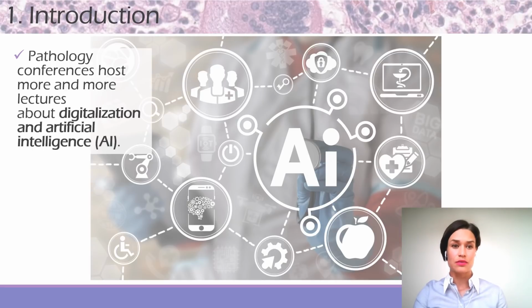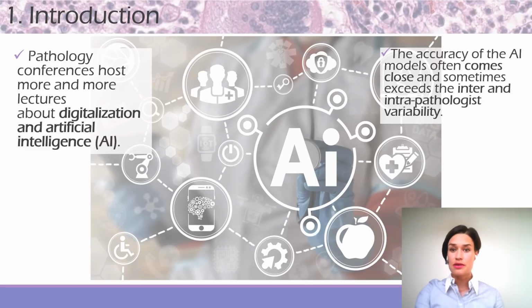So let me start with some introduction. We are kind of bombarded with artificial intelligence and digitalization of pathology on pathology conferences. The accuracy of the AI models often comes very close and sometimes exceeds inter and intrapathologist variability.